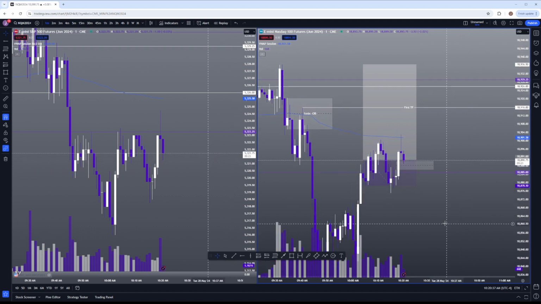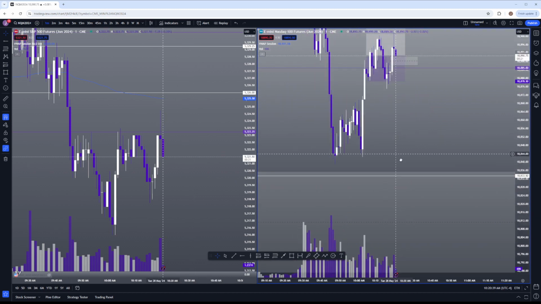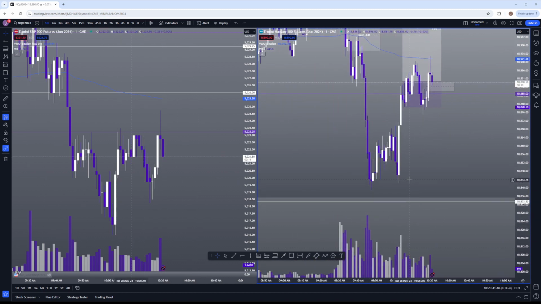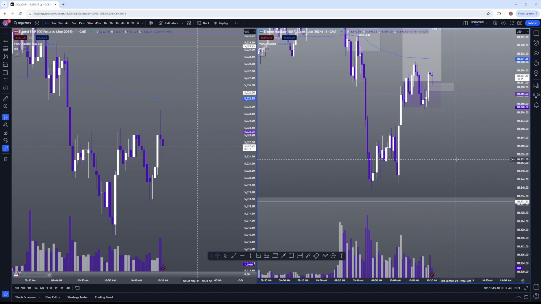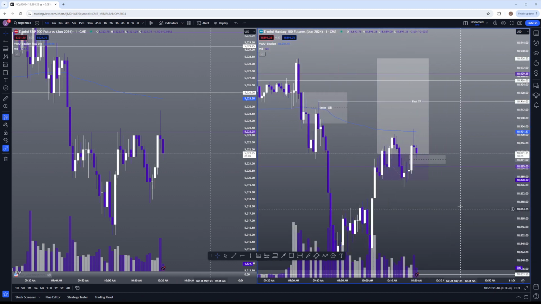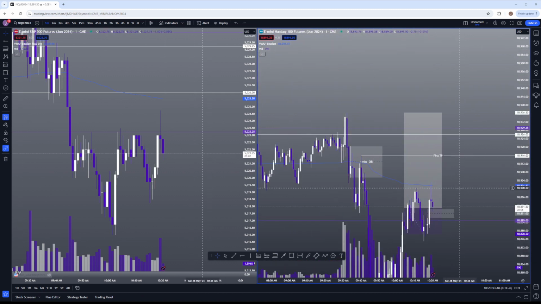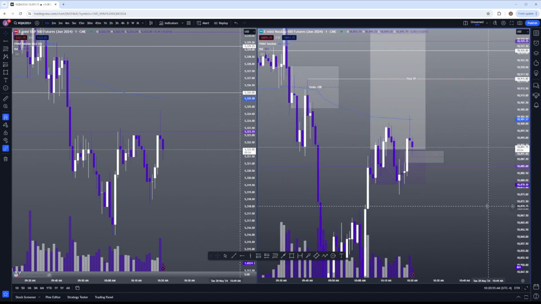It would have been very ideal for us to sweep that low down below first. That would give us extra conviction, knowing we already took out the external level and now we're definitely going to go back and target those highs, which I still think we're going to do.